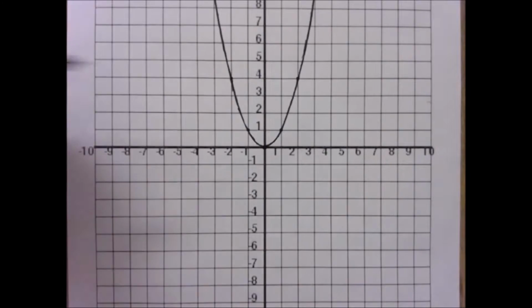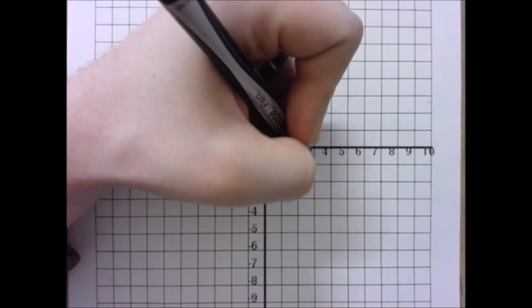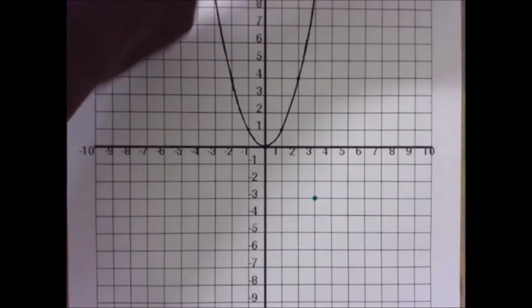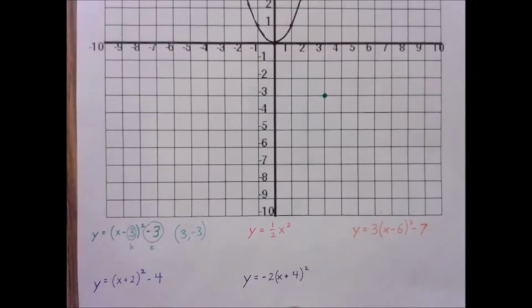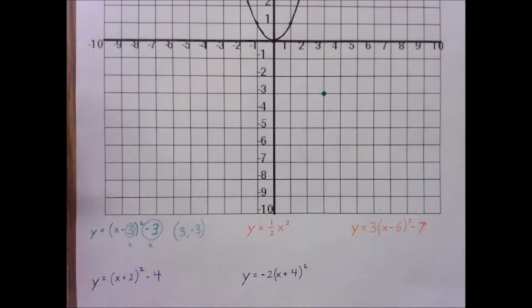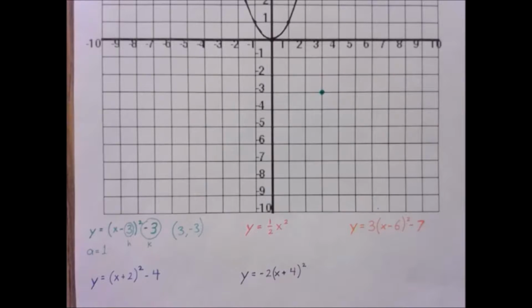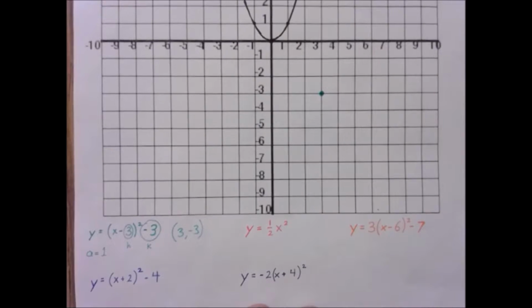So in my graph, 1, 2, 3 over, 1, 2, 3 down. All right, and now let's look at our a value, and we don't have anything in front of the parentheses. So our a value is just 1, which means our parabola is going to do what we expect for a quadratic like this.